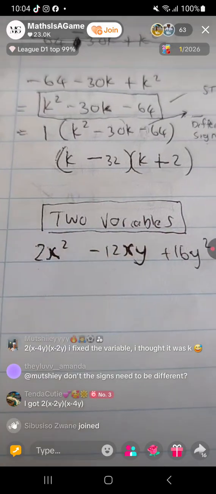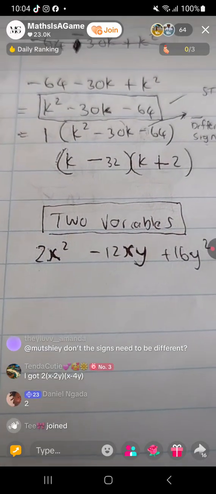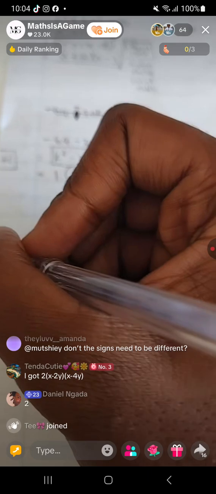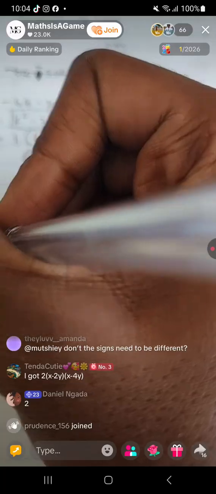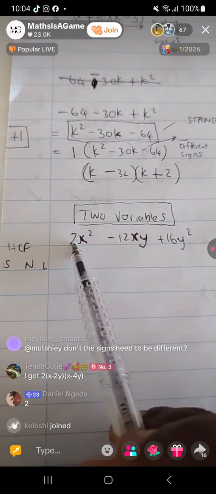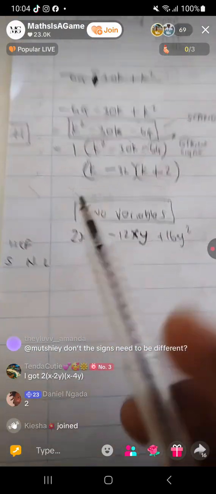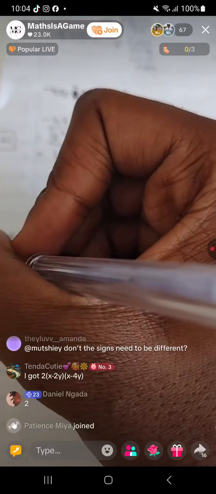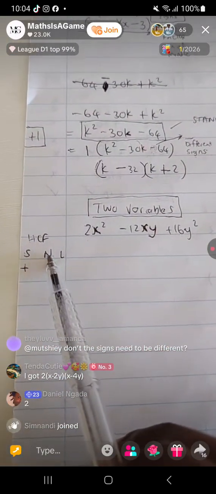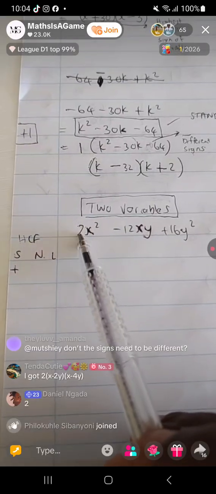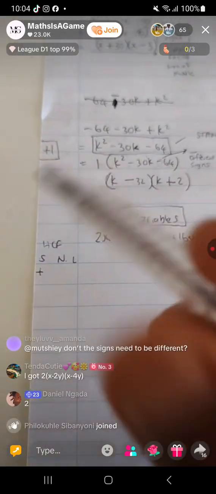Is there a highest common factor? Yes, guys, there's a highest common factor. So we take out the highest common factor according to the sign, the number, and the letter, S and L. The first term is positive, so the highest common factor sign we take out is positive. Then we move on to the number. The highest common factor between 2, 12, and 16.